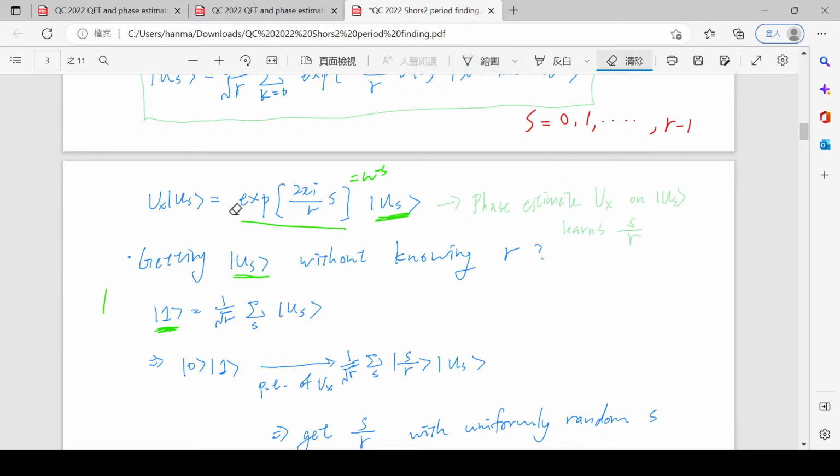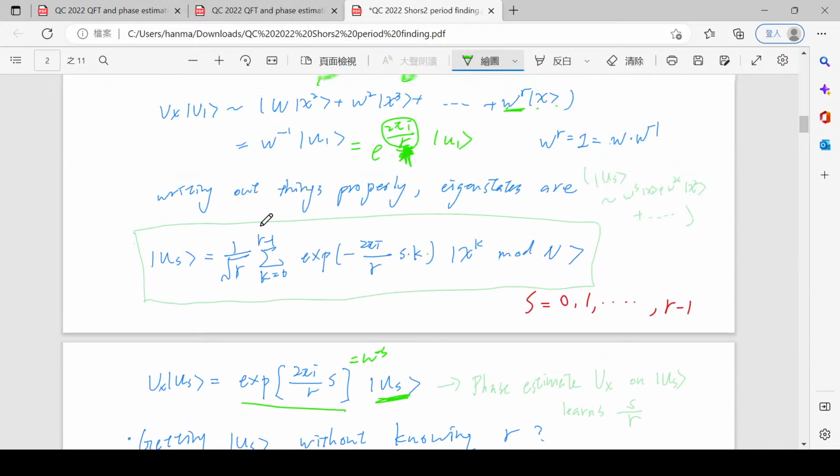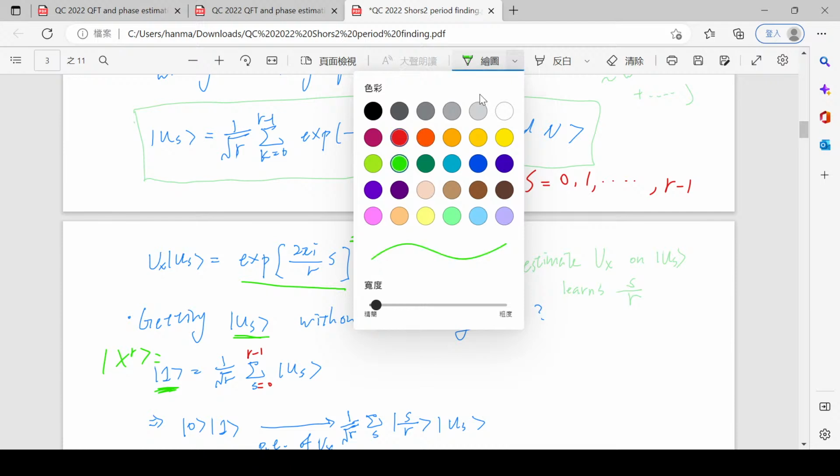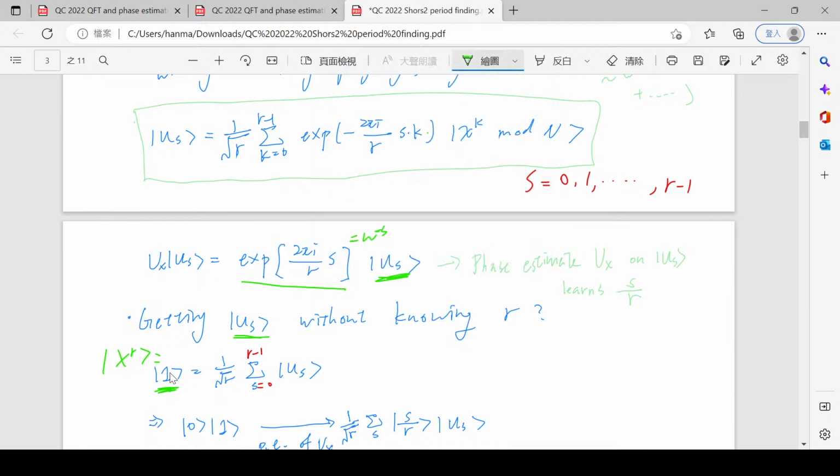Remember 1 equals x to the r mod N. And that's a Fourier cancellation again, because you can check that if you add all of those Us, from 0 to r minus 1, then that will equal 1.